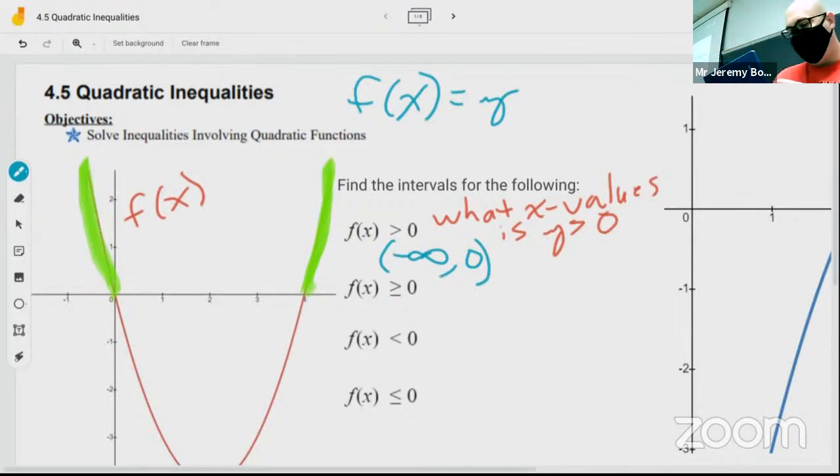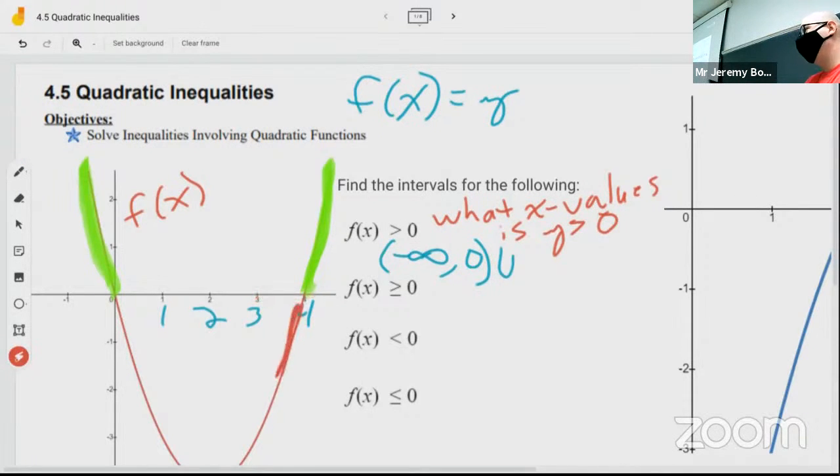And then from what else? Where else is it above the x-axis? This is just 1, 2, 3, 4. What other interval? 3 to 4. Close. 3 to 4 is right here, right?